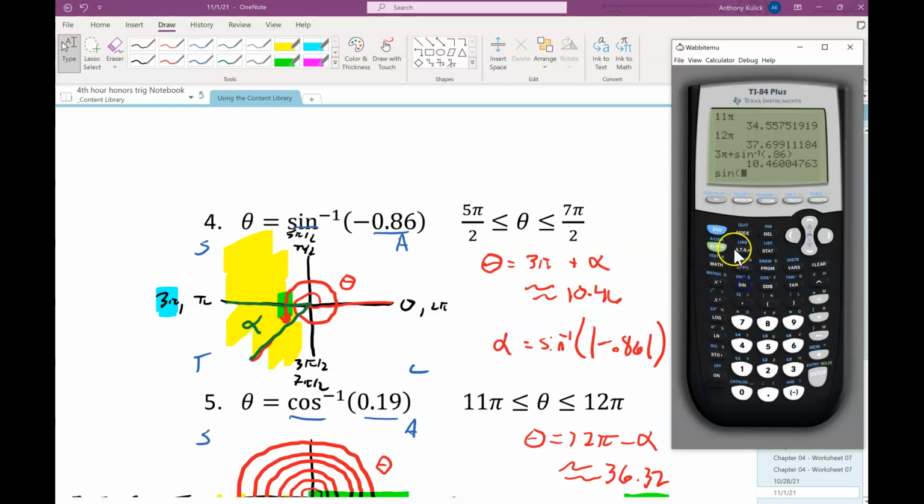And just to check, sine of 10.46 is negative 0.86, that's good. Should be bigger than 5 pi over 2, which it is, and smaller than 7 pi over 2, which it is. That made a lot more sense.